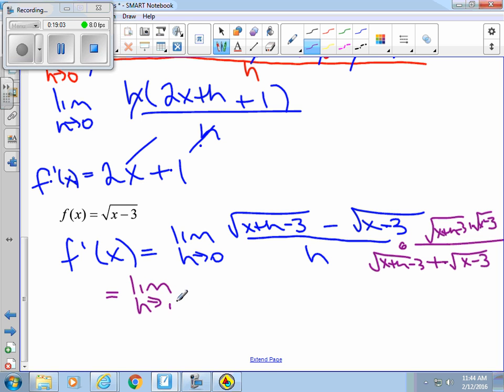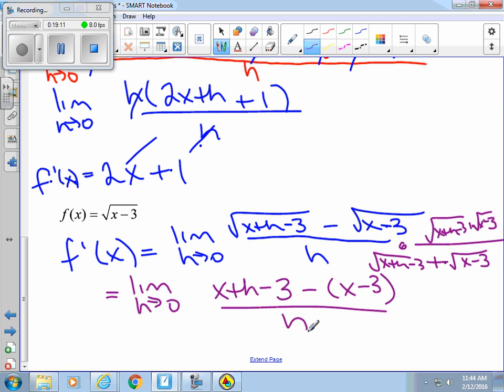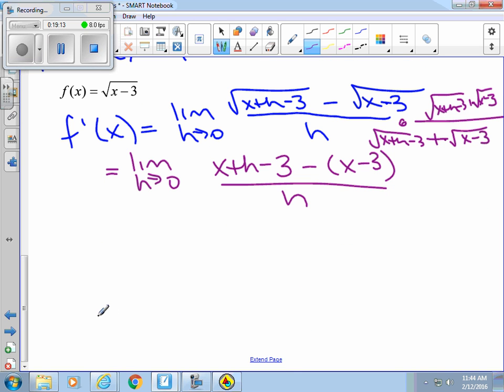This is good limit practice for us. What happens on top? The x's cancel and the 3's cancel. And I'm just left with an h on top.